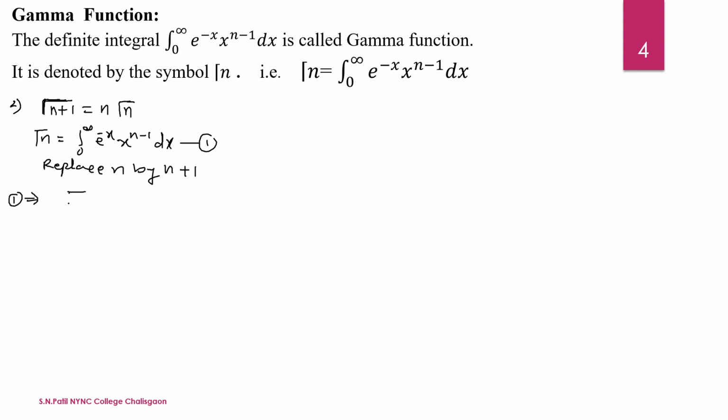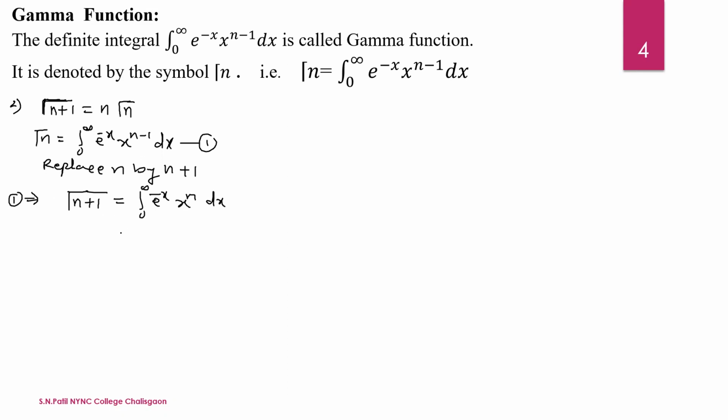It can be written as gamma n plus 1 is equal to integration 0 to infinity e to the power minus x, x to the power n, because n plus 1 minus 1 cancels. In most of the numerical problems, we use this result, gamma of n plus 1.